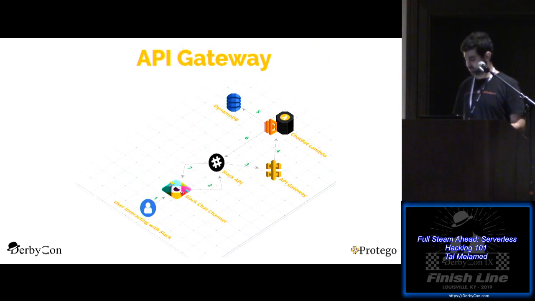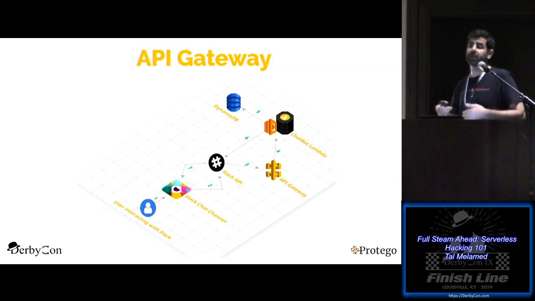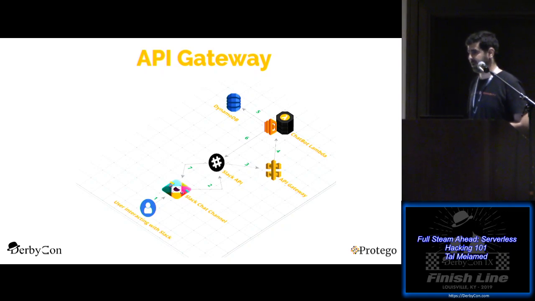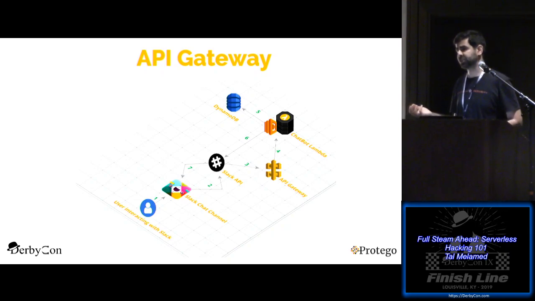Okay, so now we're going to see some demos of some examples, so you can see why this is different and what you have to do in order to exploit serverless applications. In this first environment, we have a Slack channel where the organization wrote a chatbot that interacts with the user. It can be a support chatbot.